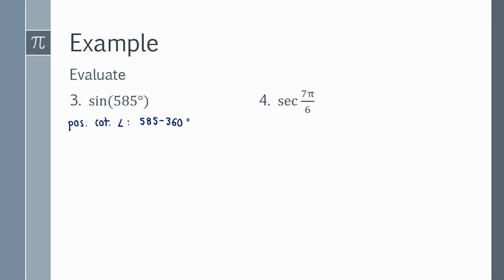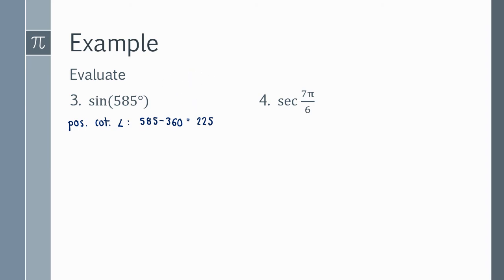Notice that when I subtract it once, I'm going to get 225. So once again, if I'm focusing on the unit circle, I'm going to find 225 over in the third quadrant. Because if you think about it, it's going to be between 180 and 270. Okay, so I'm in that third quadrant.